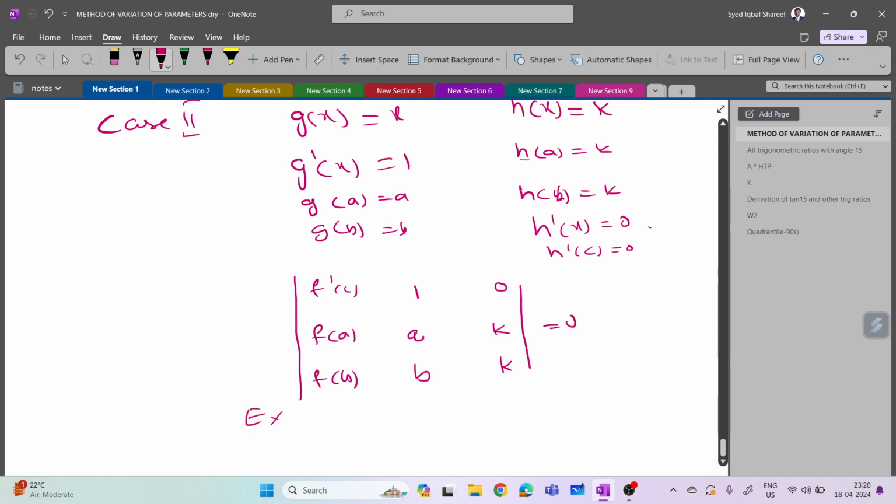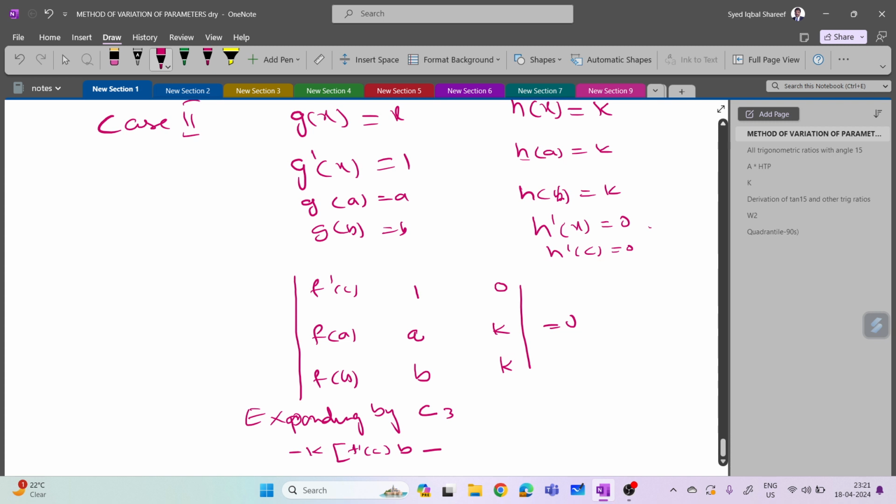Now expanding by C3, the second one goes off. What are you getting? f dash c into b.